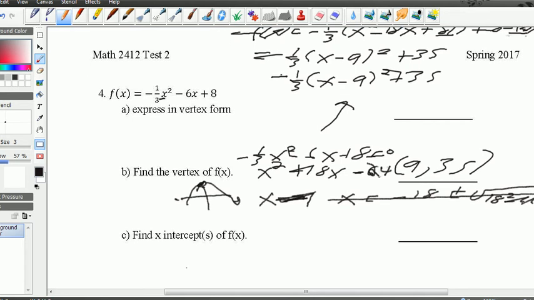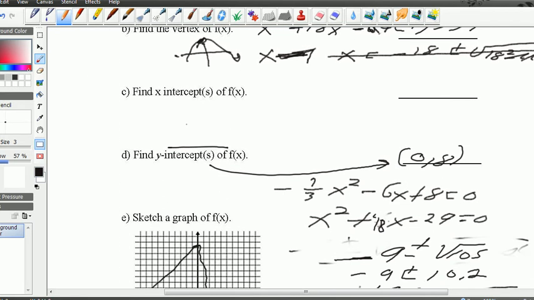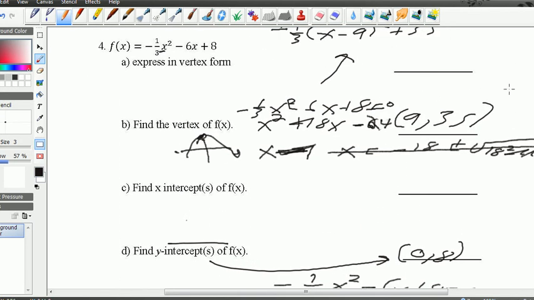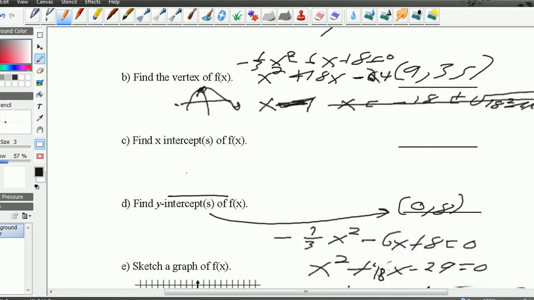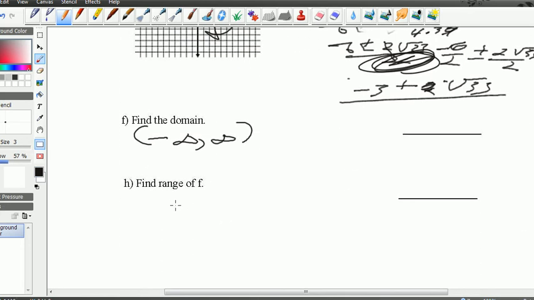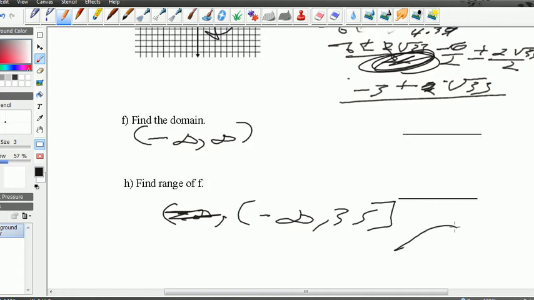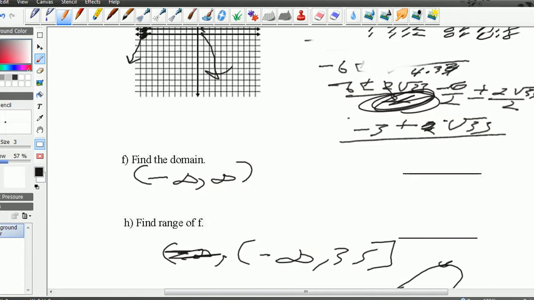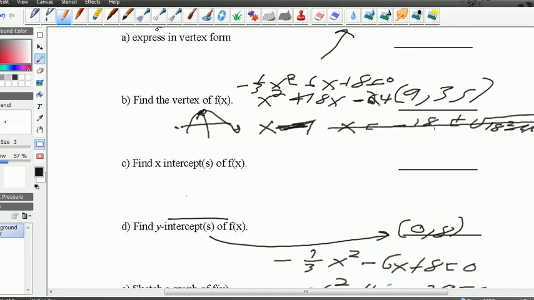Actually, it's already in vertex form, so my high point is 35. That tells me my range is going to be negative infinity to 35, and that's a bracket because you touch that high point. Might need to redo that page. I'm going to let it stay for now, but we'll see what happens.